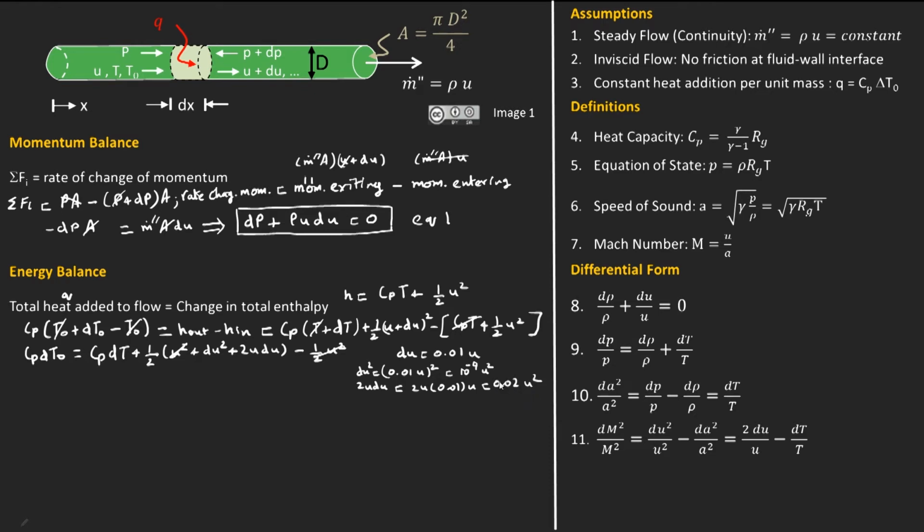So to compare the two, you have something that's u square over 10,000 and you have something that's u square over 50. Clearly this term is going to be much smaller compared to this term. And the same argument will hold if you choose any other arbitrary value for du small enough compared to u. Therefore, I'm going to make the case that du square is going to be a small number compared to 2u du, and it's going to be okay mathematically to ignore its effect. And so we'll do that and we'll say that goes to 0.